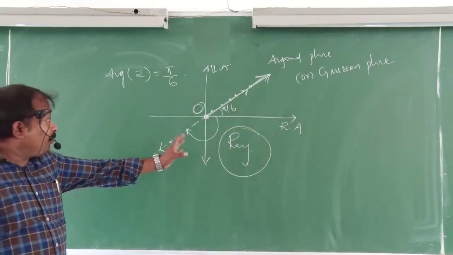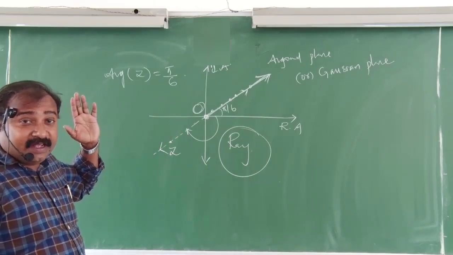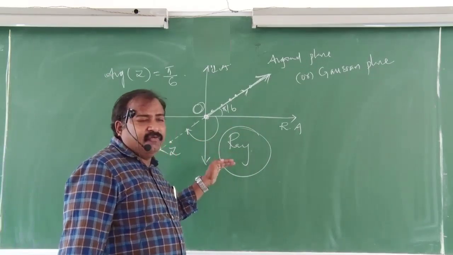Argument of z equal to pi by 6 indicates a ray. This is very important.